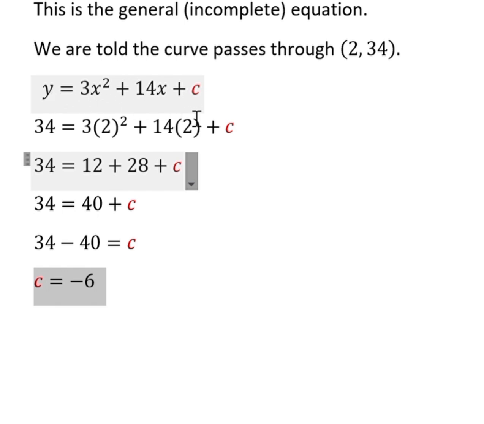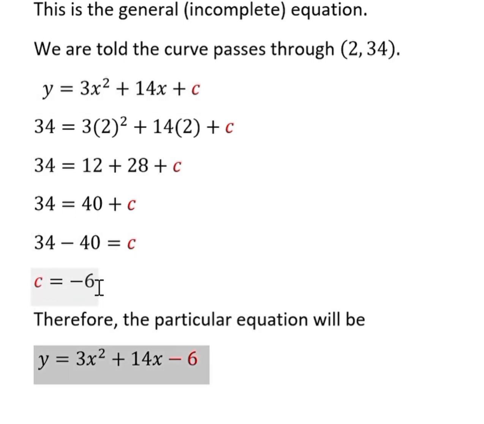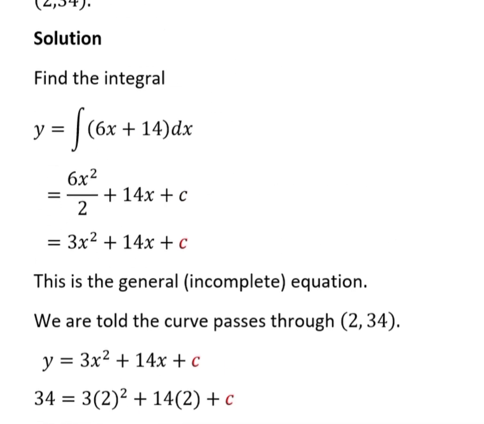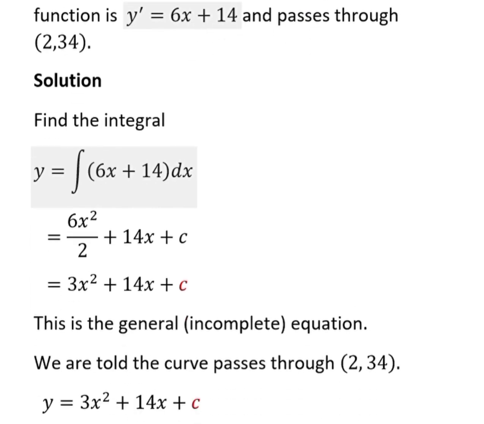That means the particular equation will now be y is equal to 3x squared plus 14x minus 6, because we have found the value of c to be minus 6. So this is the equation whose gradient function y prime is equal to 6x plus 14 and passes through point (2, 34).